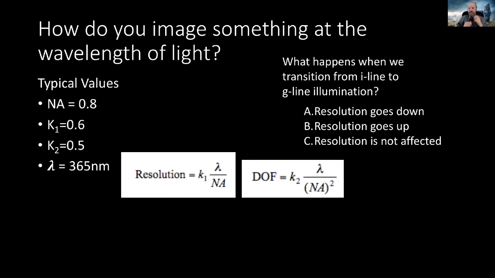So we won't be able to resolve as small things. So you want resolution to be minimized, unless you're making big stuff. Like if I'm making a MEMS device and the smallest thing I've got to print is 1 micron, I'm not going to buy an I-line stepper at $4 million. I'll buy a G-line stepper at $500,000 or a contact printer at $250,000 that's used.